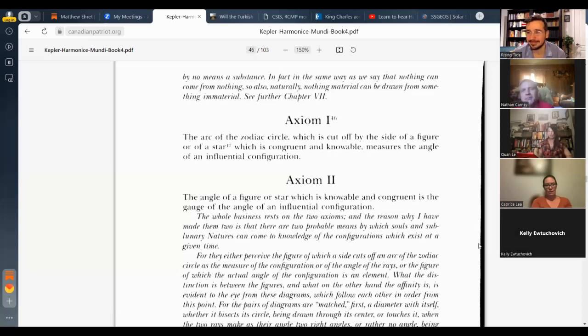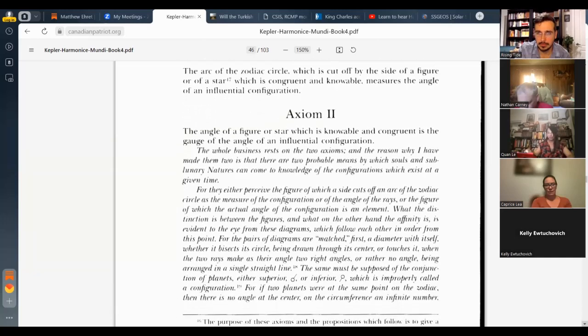Okay. So axiom 1. The arc of the zodiac circle which is cut off by the side of a figure or of a star, which is congruent and knowable, measures the angle of an influential configuration. Axiom 2.